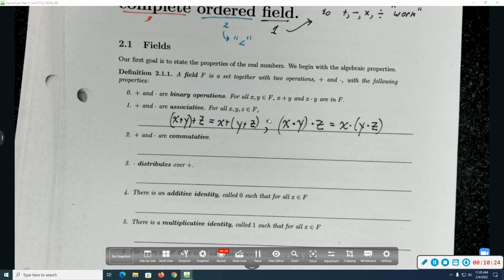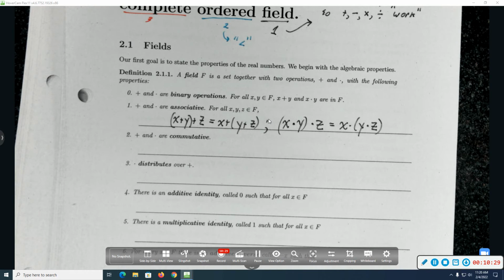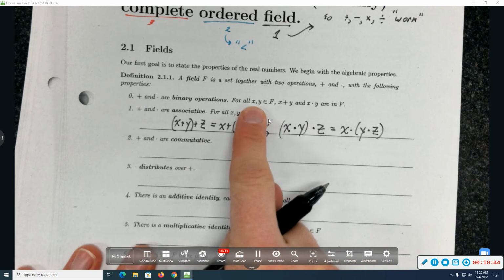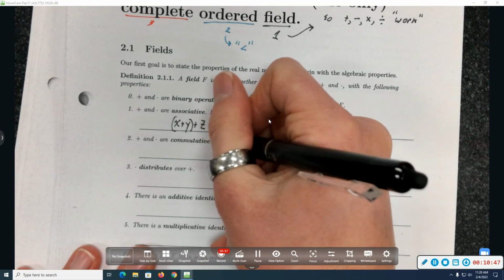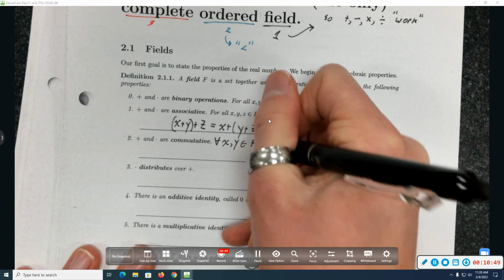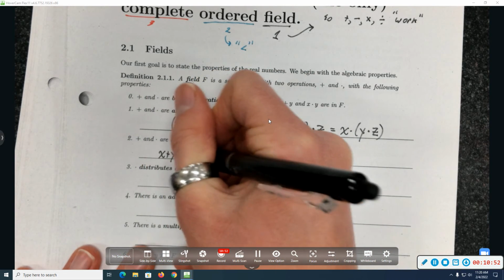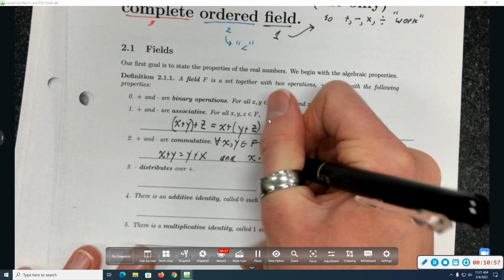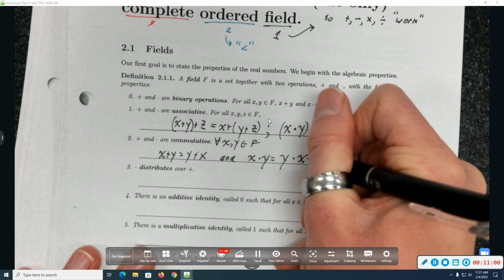These operations are also commutative. What should commutative mean? Yeah, well, it should mean this, right? If you put two things in one order, you can put them in the other order and you get the same thing. So for all x and y in F, x plus y equals y plus x, and x times y equals y times x.